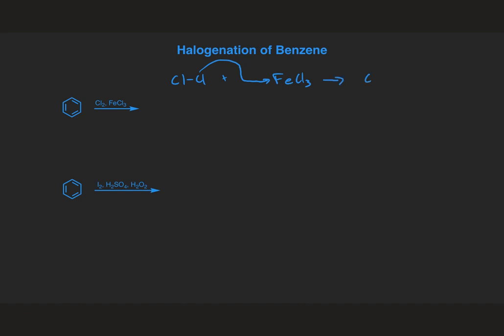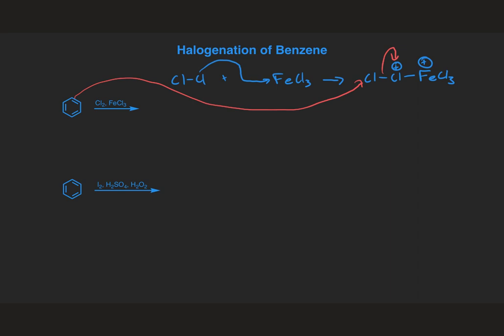And you're going to generate this complex here, which makes this terminal chlorine very electrophilic. And it can accept some electrons from benzene and then kick its electrons back.